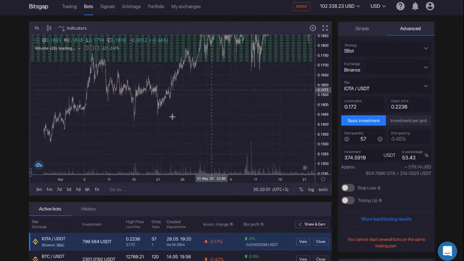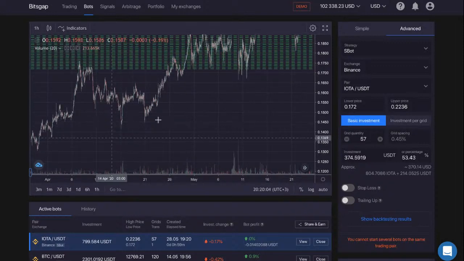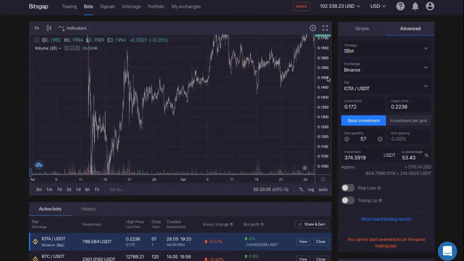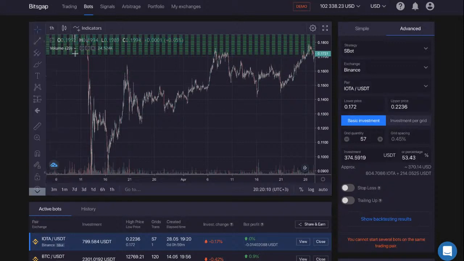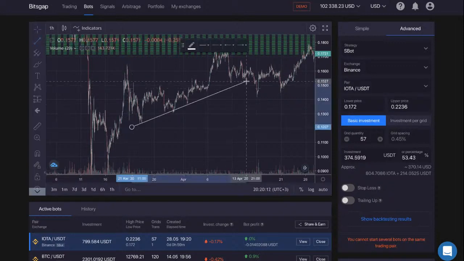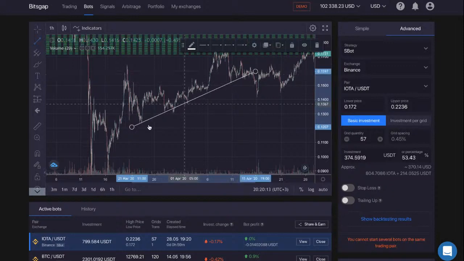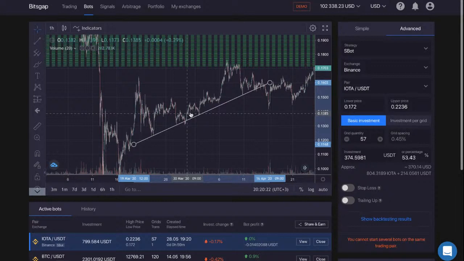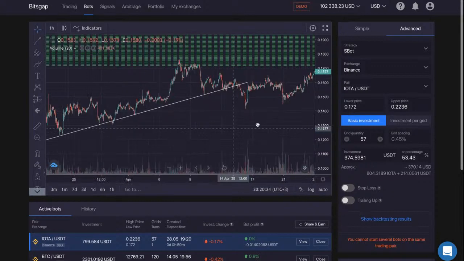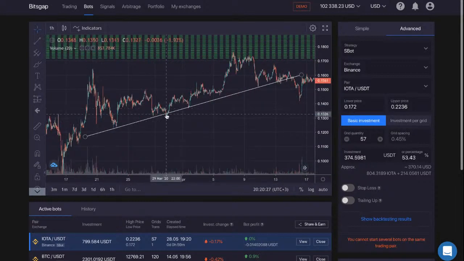So I'm going to show you an example. Let's say here it's IOTA trading to USDT, and I can see quite impressive price action over the support level. Let's say that we are right now at the point in time when the price has already bounced off the support level.